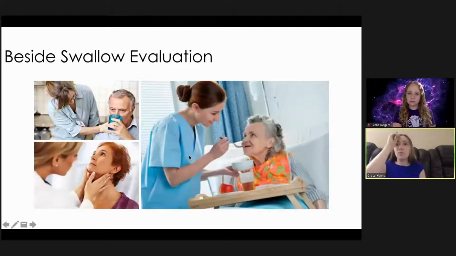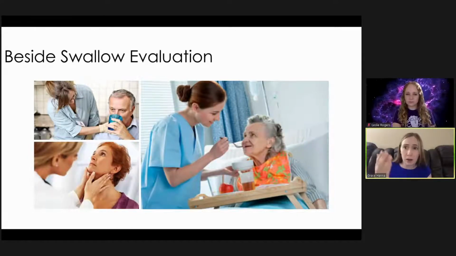All right. So I used to work at a hospital, and I provided a lot of bedside swallow evaluations. A fun fact about this is whenever there is an injury to the brain, stroke, TBI, all the things I had mentioned previously, all those patients are NPO. That means nothing by mouth. They're not allowed to eat or drink until a speech pathologist can get in there and make sure that they are safe to eat and drink.